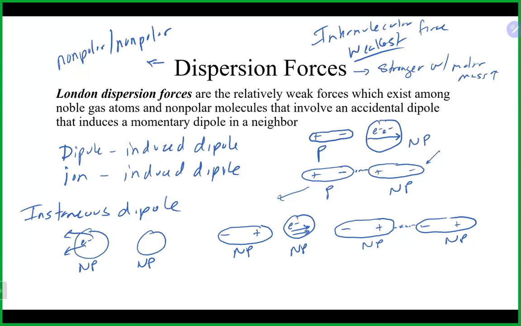So if you're comparing two dispersion forces, the one that has the greater molar mass will have the stronger dispersion force and interaction. That means it should have the higher boiling point and melting point versus another nonpolar molecule that has a lower molar mass. Any questions on that there?